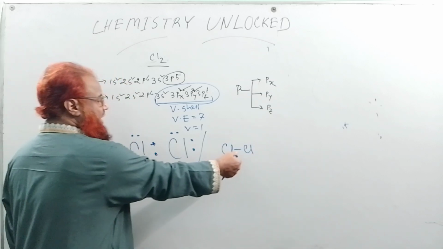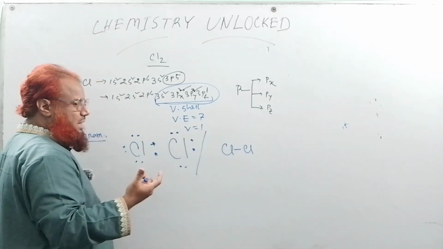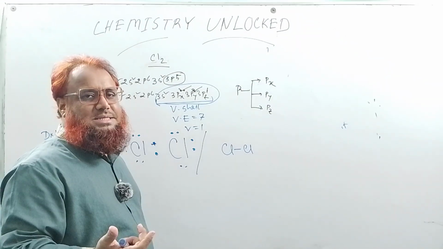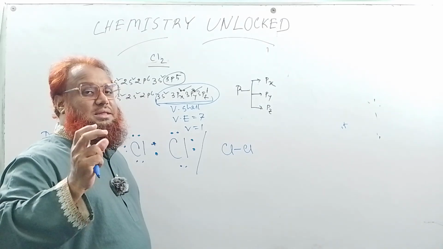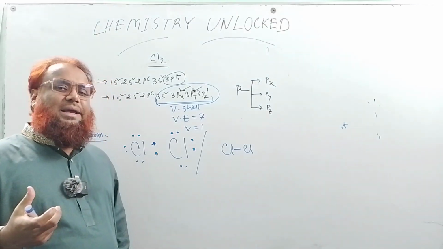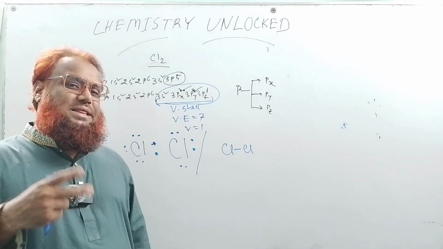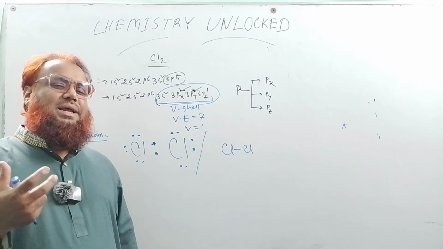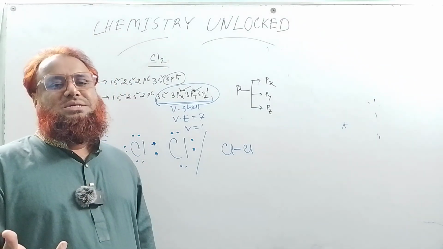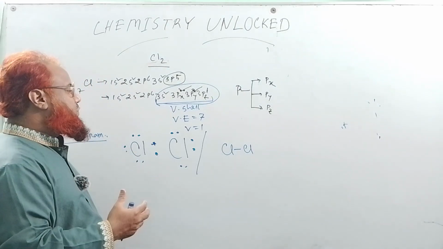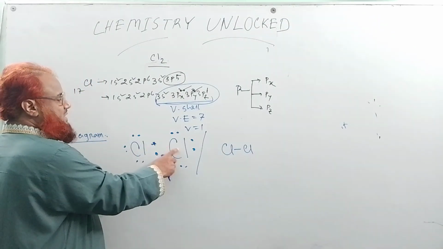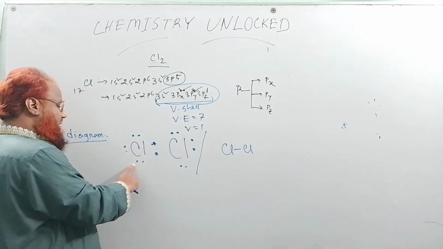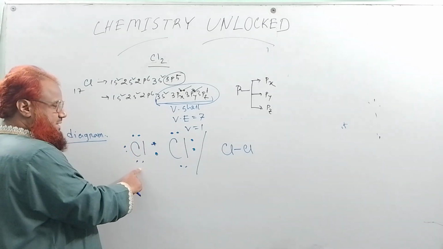A covalent bond indicates a pair of electrons that is formed by sharing through non-metallic atoms of the same elements or different elements. Here we have shown atoms of the same element, chlorine. Now in the valence shell, you can observe 2, 4 and 6.